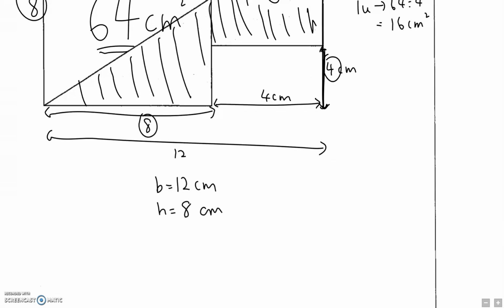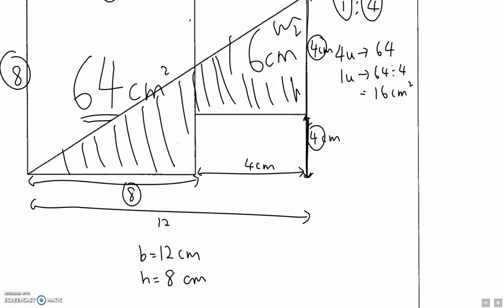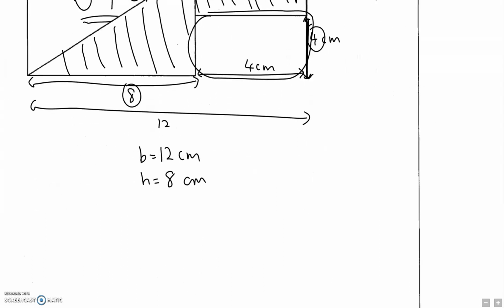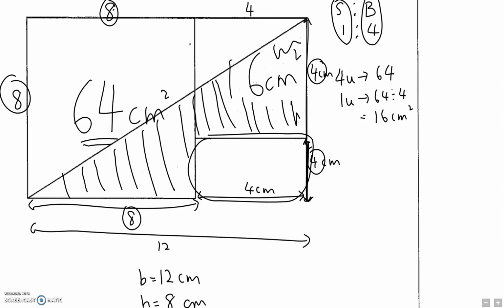Now to find the whole entire triangle, you might wonder, I'm not finding the whole triangle because there seems to be an empty part here. Why not let's just find the whole entire triangle first, and we will see how we can go from there. Half times base times height gives you 48. Now you know that this whole entire triangle is 48. But out of this whole triangle, you will find that this white part doesn't belong to the shaded figure.